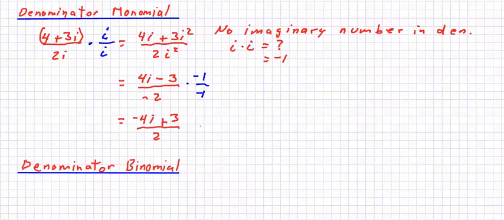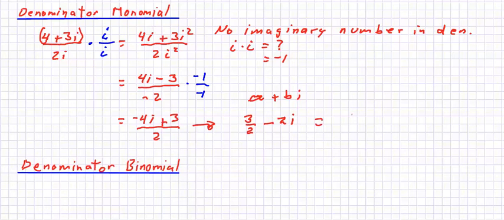And then we rewrite this in a plus bi form. So we take this part, 3 over 2, plus, in this case minus, 4 over 2, or 2i, minus 2i.